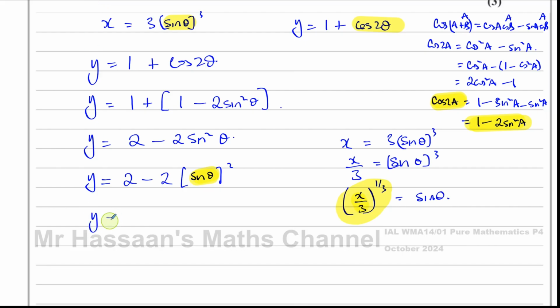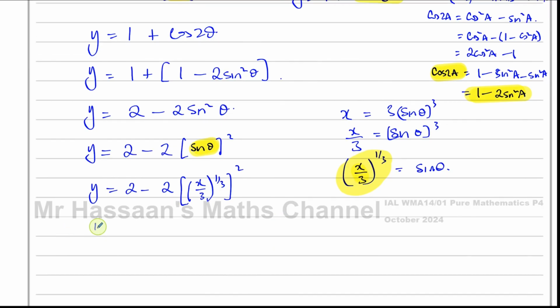So I have y equals 2 minus 2 times, instead of sine theta now, x over 3 to the power of a third, and that's raised to the power of 2, which is the same as saying y equals 2 minus 2 times x over 3 to the power of 2/3.